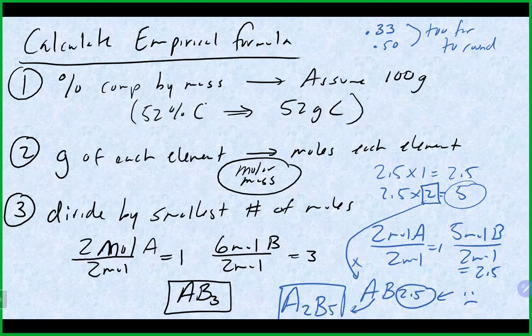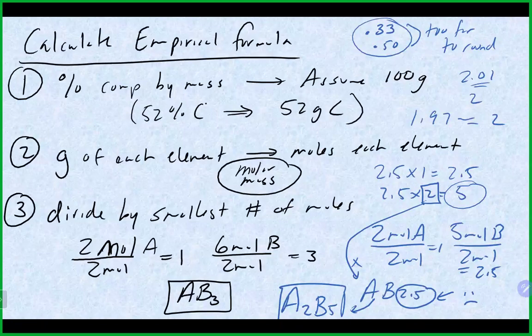You should be finding a factor to multiply. Again, if it ends up with something like 2.01, that's good. You can round that to 2. If you end up with 1.97, that's probably pretty close to 2. You could round that, or 1.99. But if it's ending with those other types of numbers, those are definitely too far to round. Any questions on any of that there?